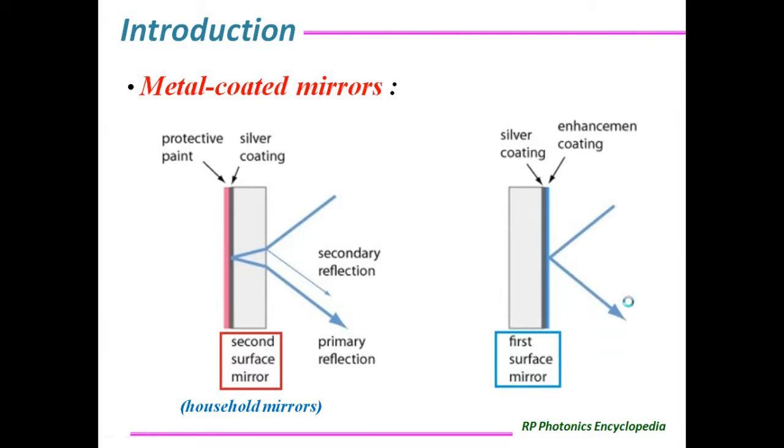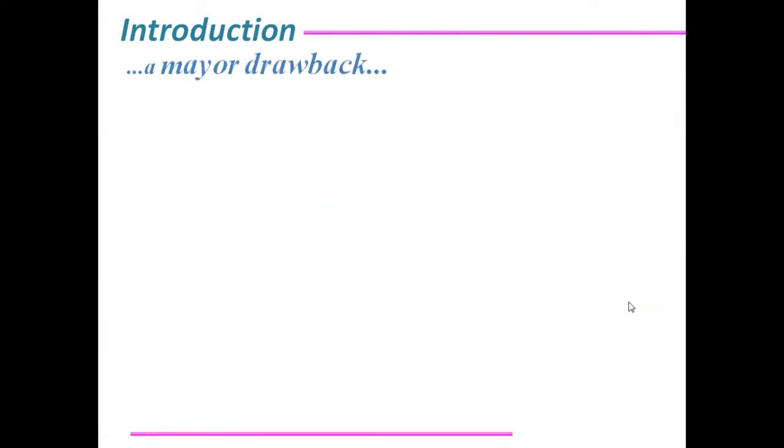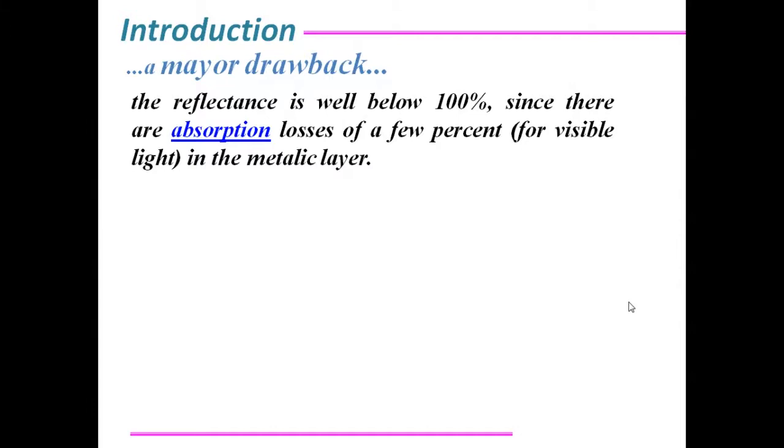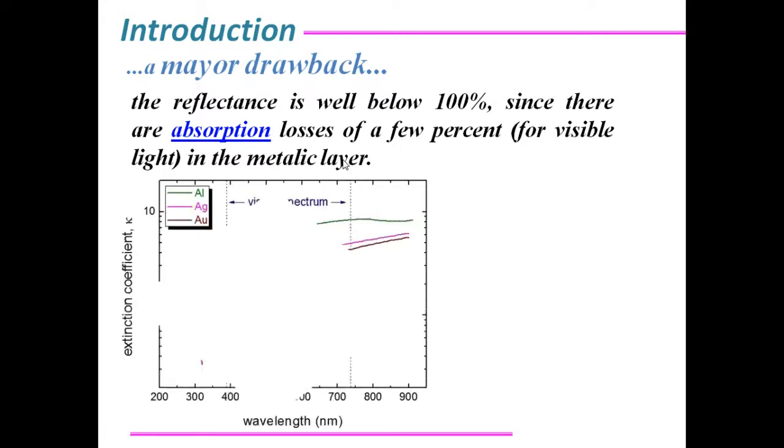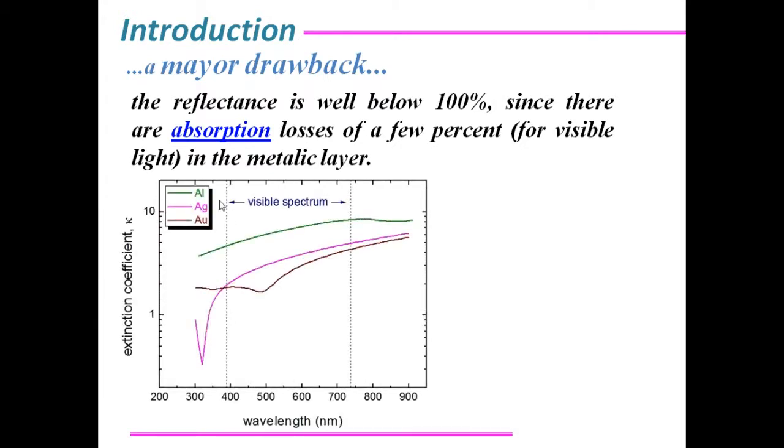A major drawback: the reflectance is well below 100% due to absorption. This is due to the metallic layer, and moreover due to the glass substrate in the case of the first mirror. Here I have represented the extinction coefficient kappa versus the wavelength in nanometers.